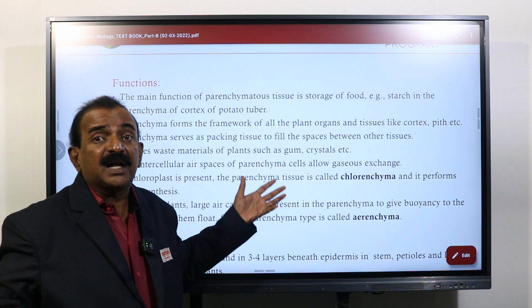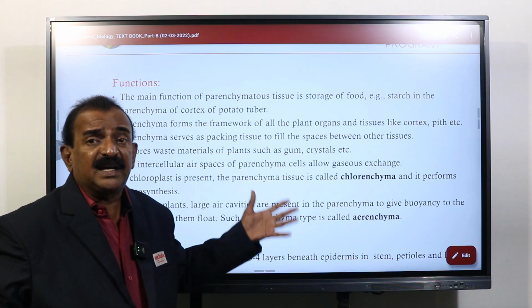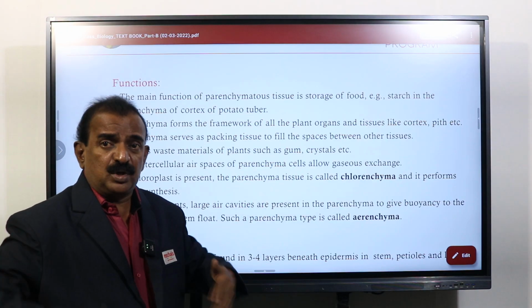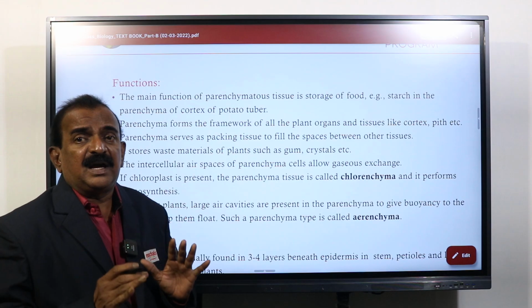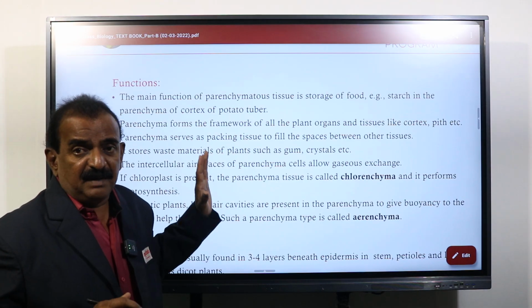This parenchyma consists of air spaces, and that parenchyma is called aerenchyma, and it makes the plant float on the water. So in this way parenchyma tissue performs many functions in plants.